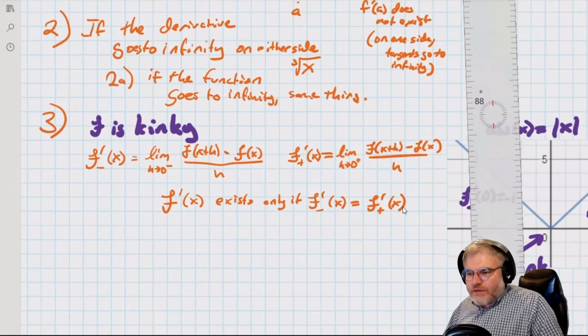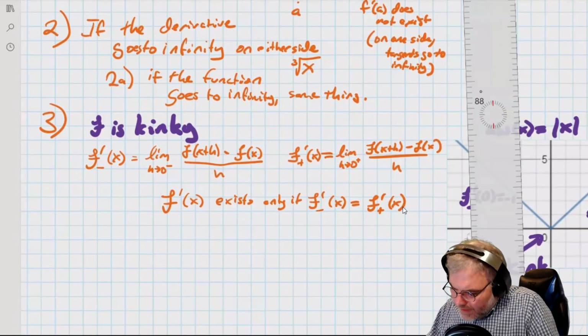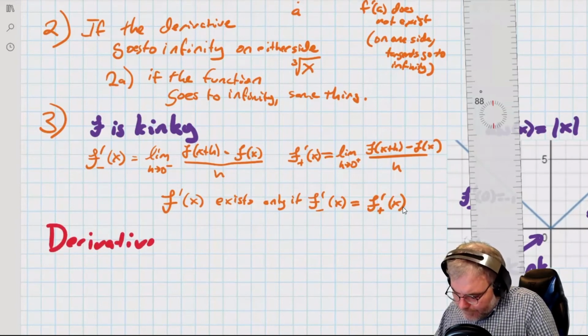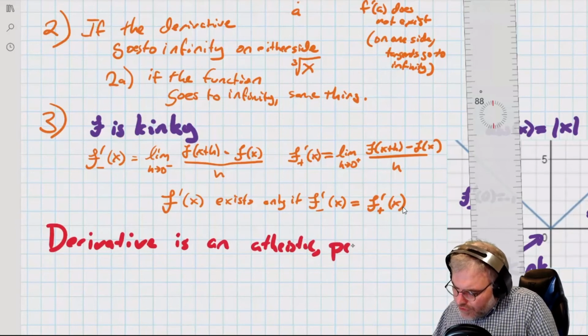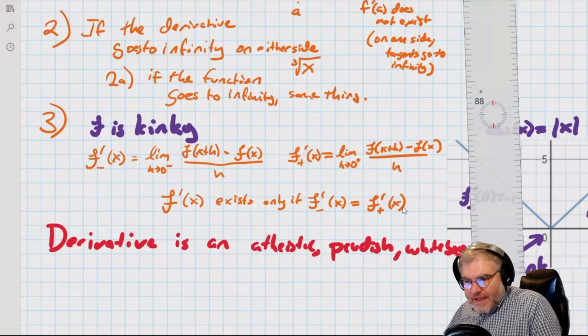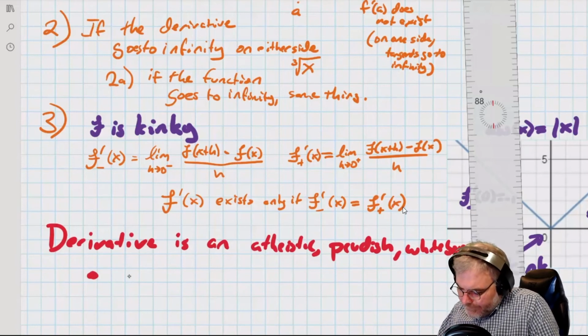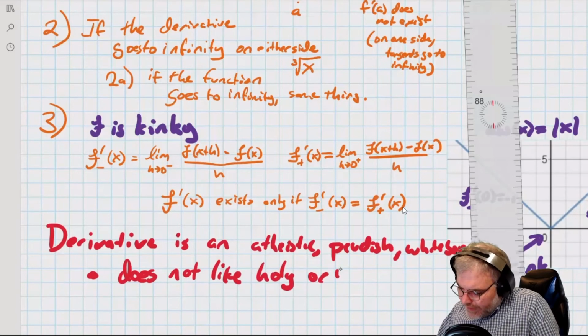Okay. So the important thing to remember here is that the derivative is an atheistic, prudish white boy. Okay? He's atheistic. He does not like holy or infinite.